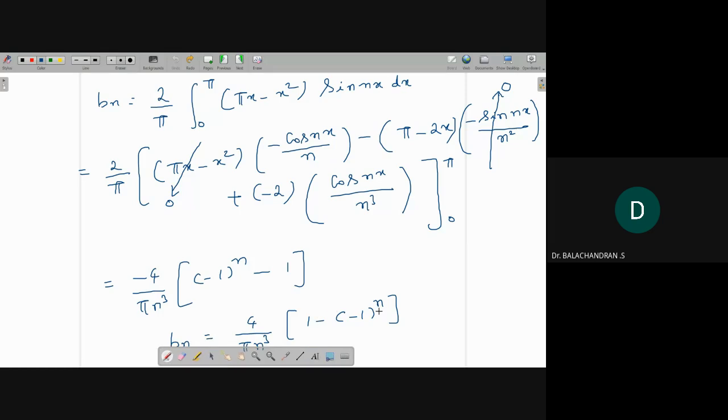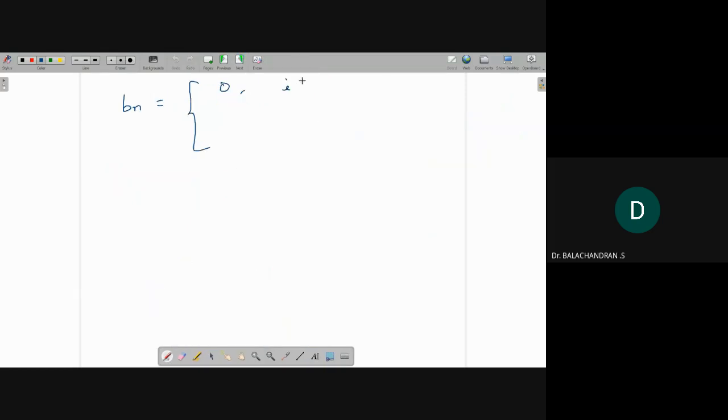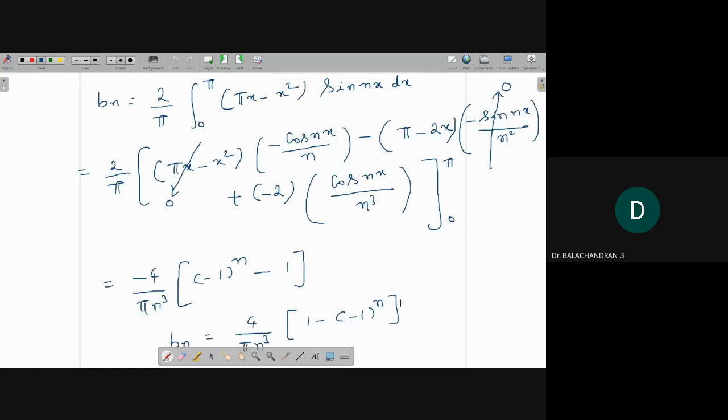Okay. So when n is even, this is 0. When n is odd, this is 8 by pi n cube.